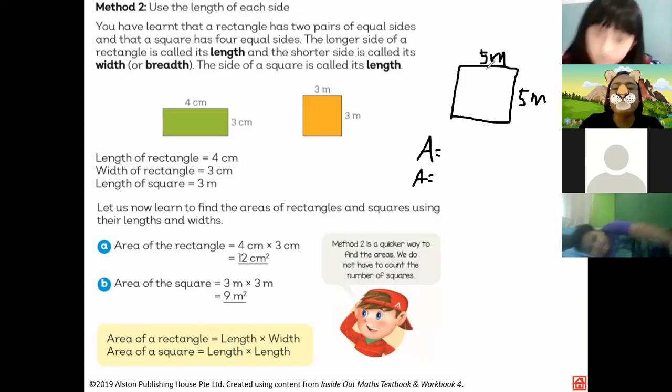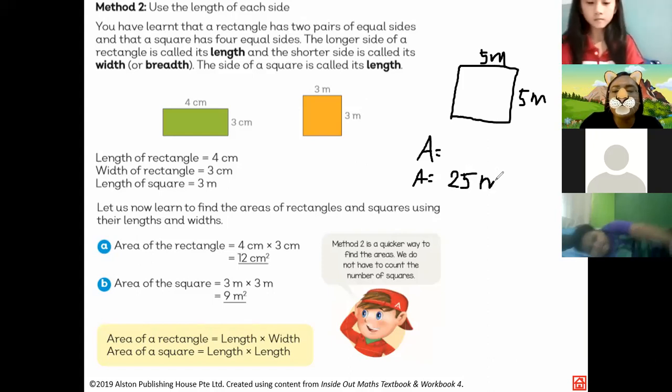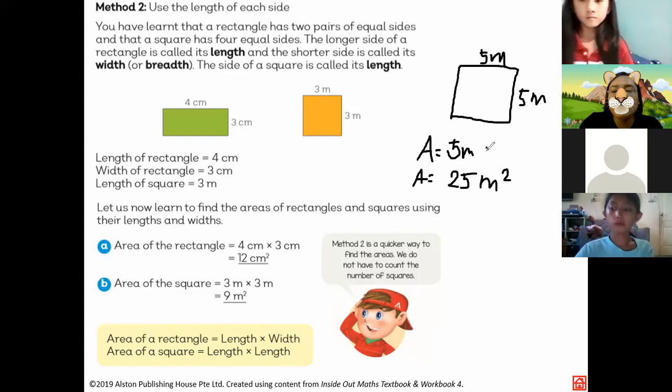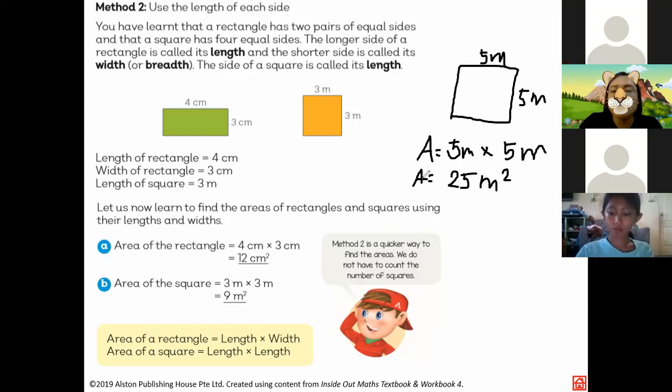That's 25 meters squared. You just have to multiply 5 meters by 5 meters.